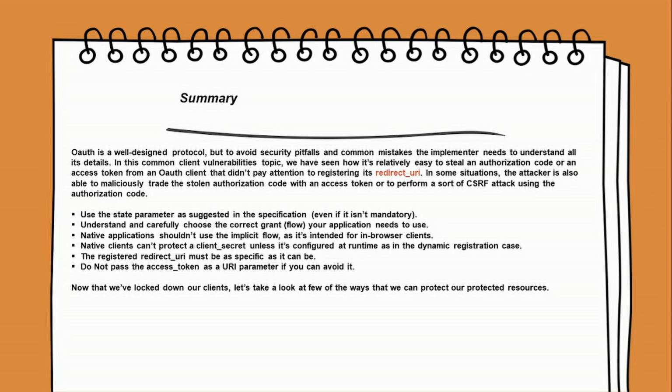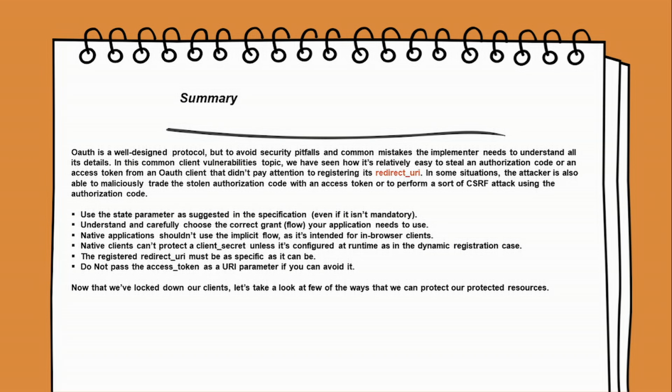Native applications should not use the implicit flow as it is intended for in-browser clients. Native clients cannot protect a client secret unless it is configured at runtime, as in the dynamic registration case. So that's a risk for native clients using the auth code flow where you have the client secret.